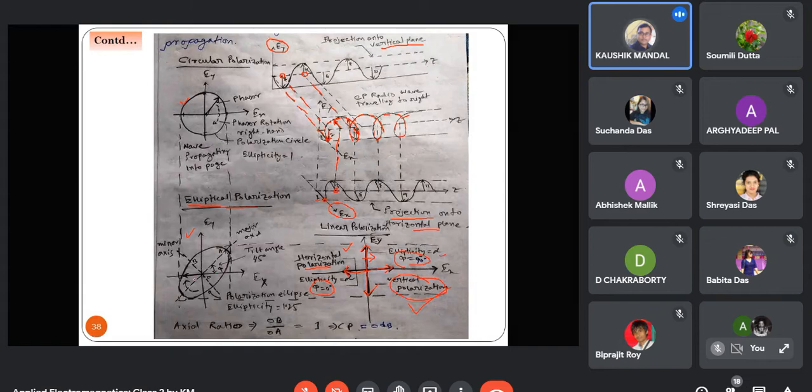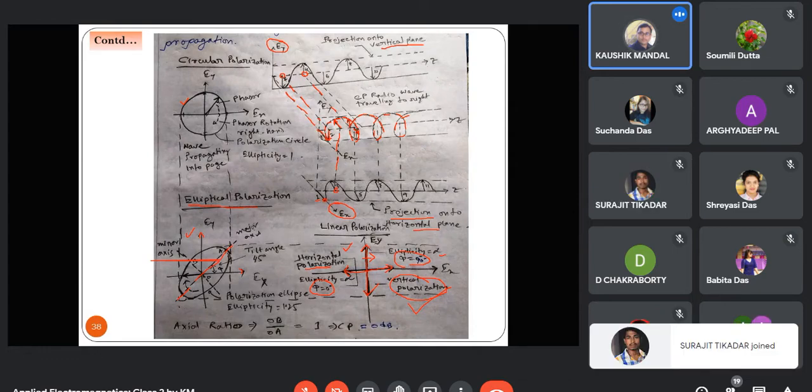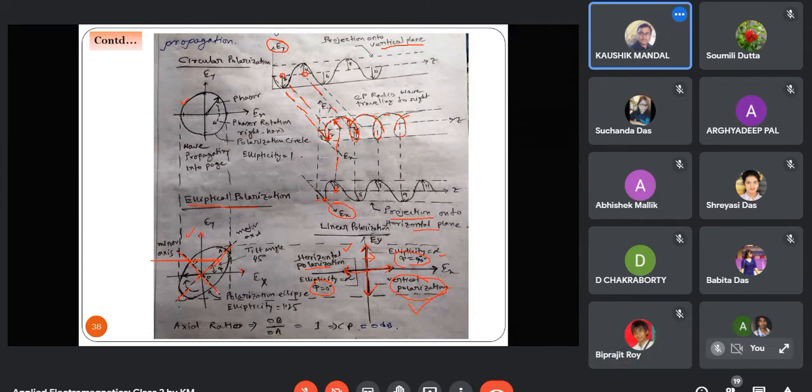So this is the x component of the electric field, this is the y component of the electric field, this is the major axis, and this is the minor axis, and this particular angle is known as the tilt angle, that is phi. In this particular case, the tilt angle is 45 degrees. So it is called the polarization ellipse with an ellipticity of 1.25.